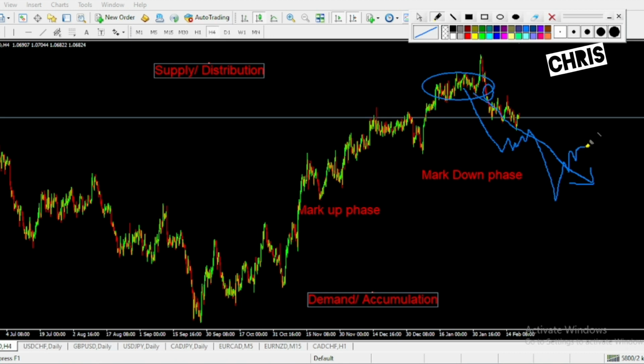Please ensure that you trade these areas downwards, not up. You do not have to buy.